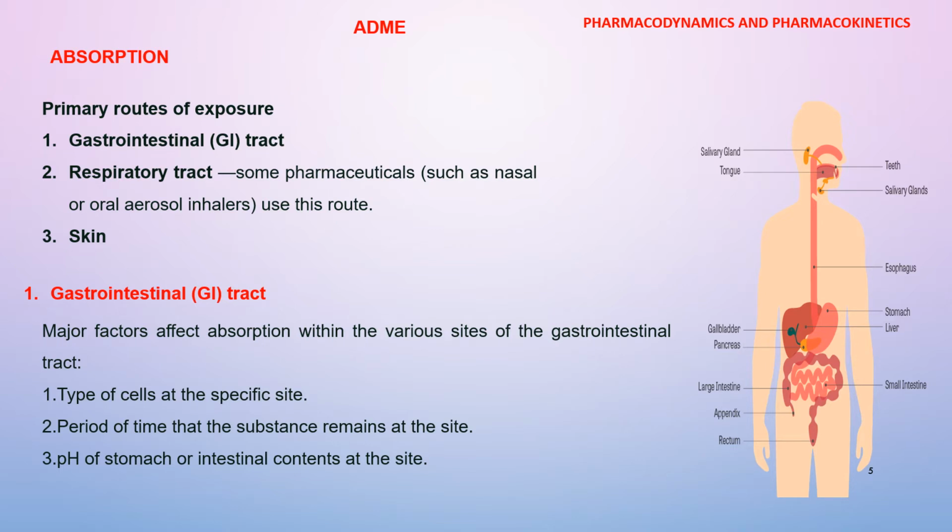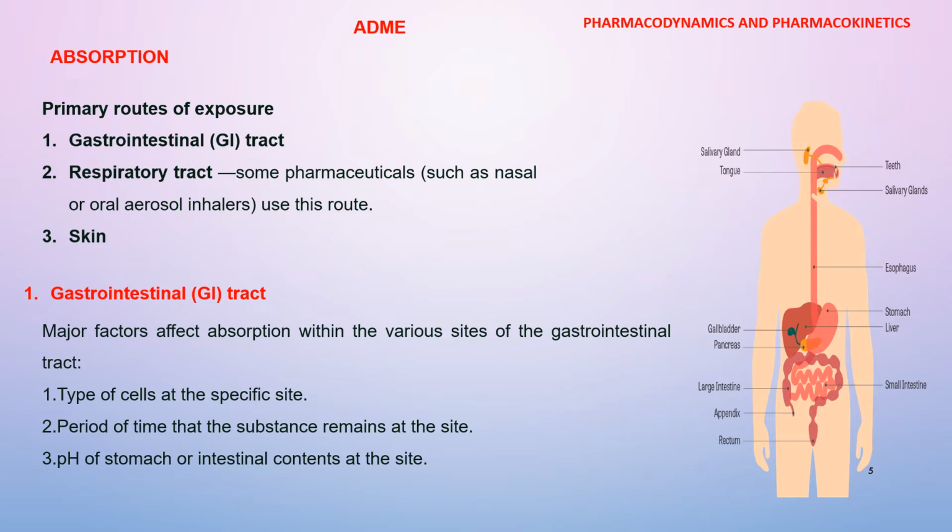Absorption depends upon the mode of delivery of the drug, that is oral, parenteral, or topical. The primary routes of exposure are the GI tract, respiratory tract, and skin, other than the injection and the implants.